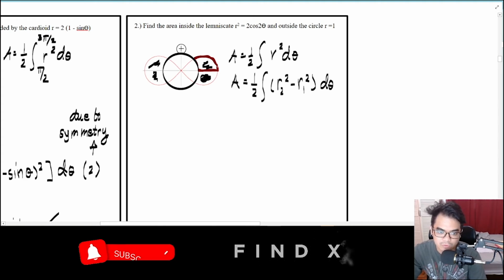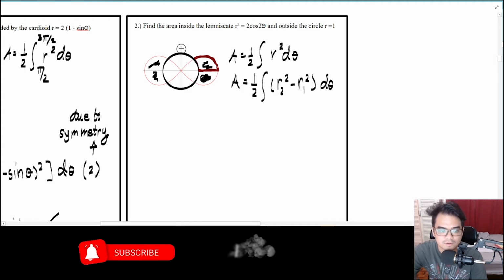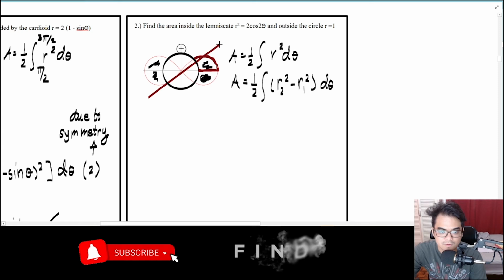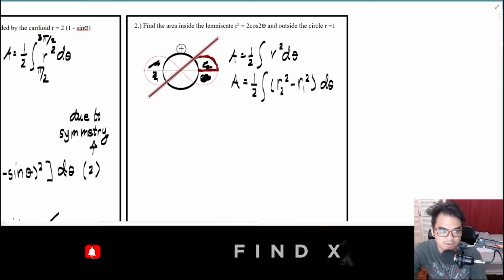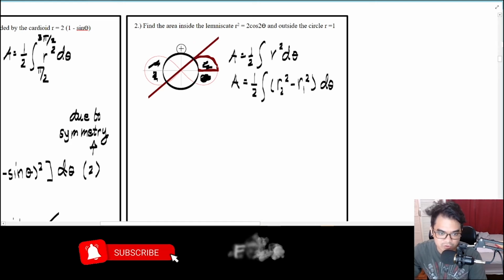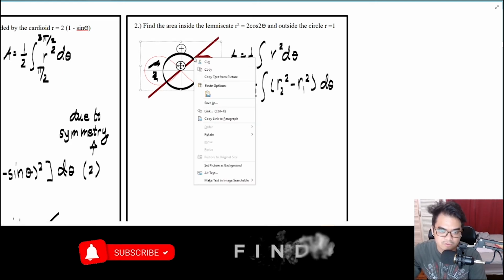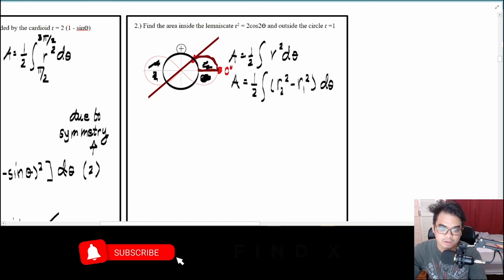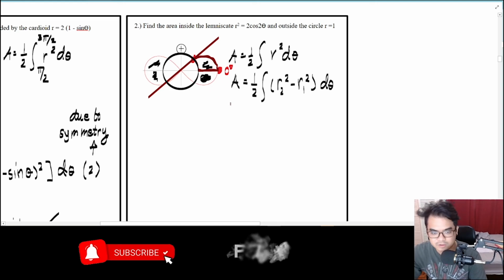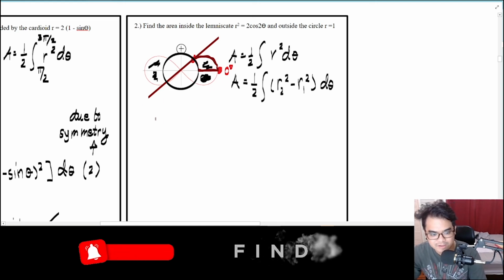But we have to know what this intersection is. We have an intersection here, and then another intersection here. That will be your first limit. And of course we have a limit here, which is the 0 degree, or 0 rad.